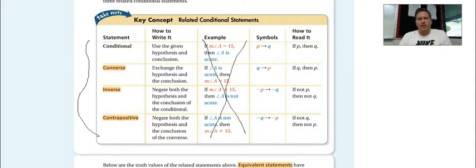I learned this from Mr. Smith. He was teaching me some neat hand motions to help us remember it. The conditional is if P, then Q. The converse would just flip them: if Q, then P. The inverse is not P, not Q, and the contrapositive is we flip them: not Q, not P. Nifty hand motions, just as a nice easy tool to help us remember it.